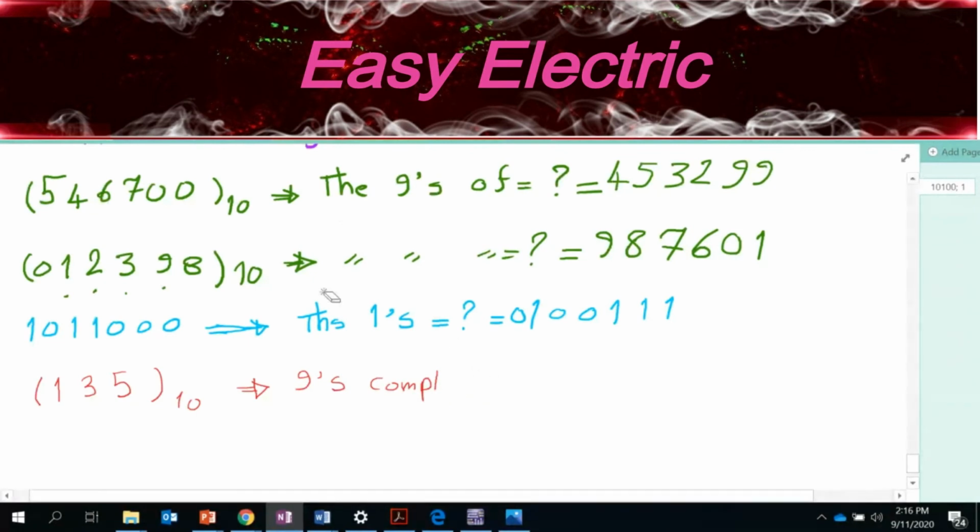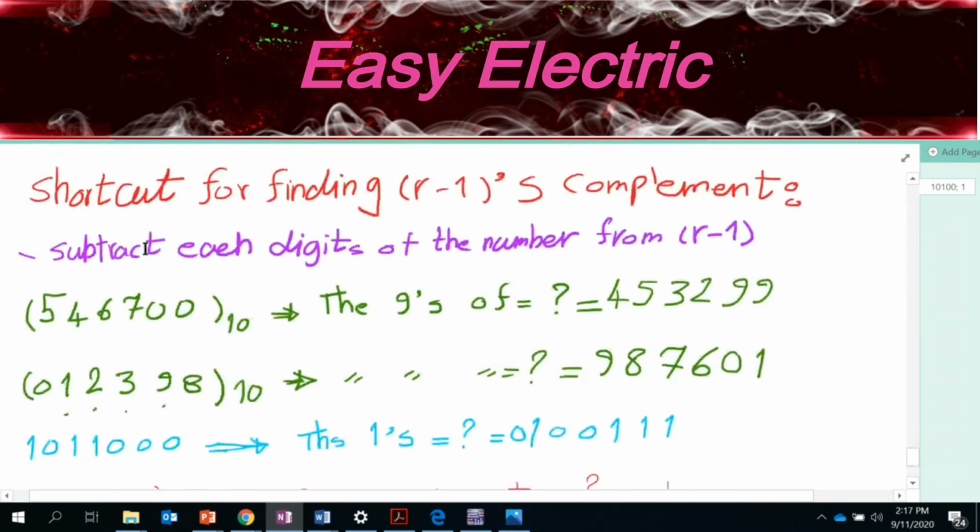What is the 9's complement? For getting this, go back to whatever we learned today: subtract each digit of the number from r minus 1.